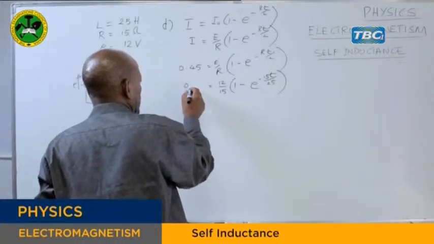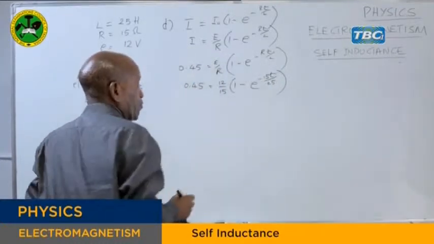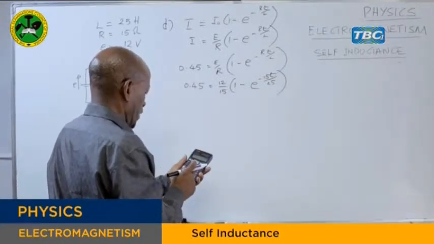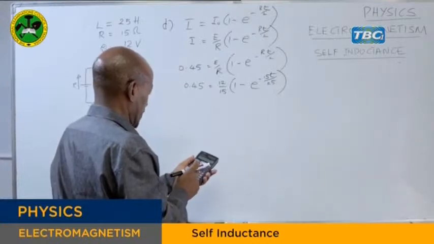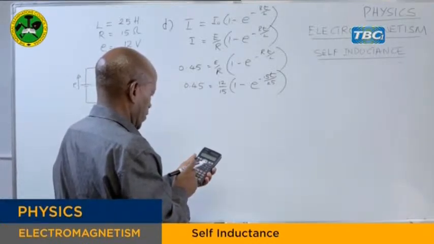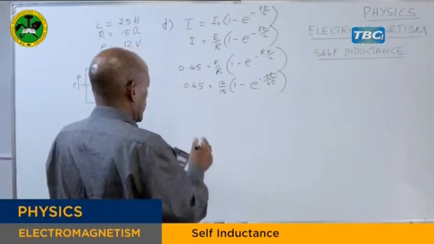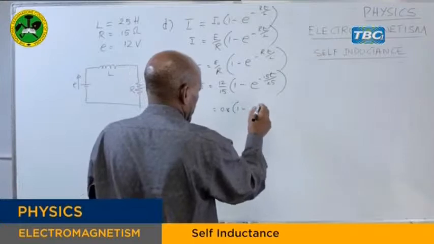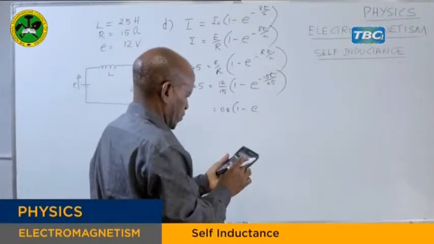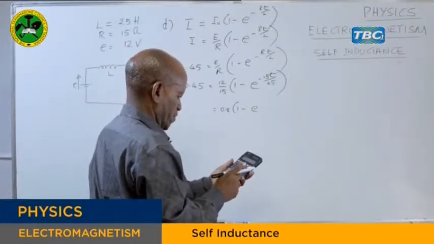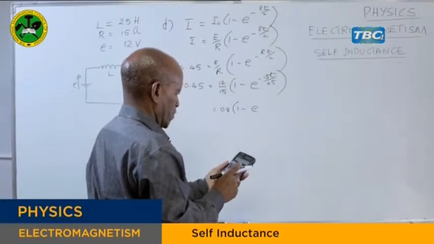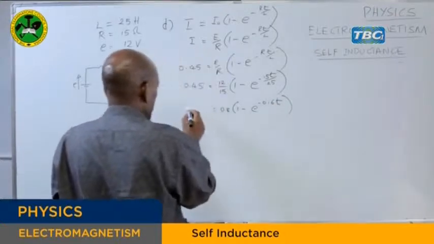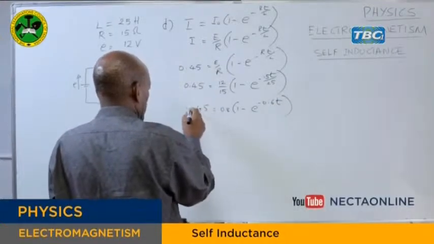So we compute and determine the value for T. We find that this is equal to 12 over 15, which is 0.8, into 1 minus e power minus 15 over 25, which is 0.6 T, and this is equal to 0.45.